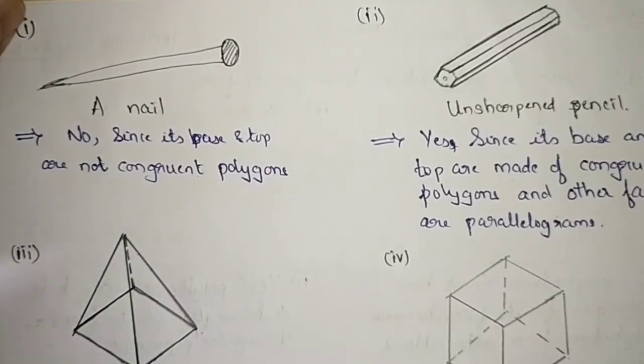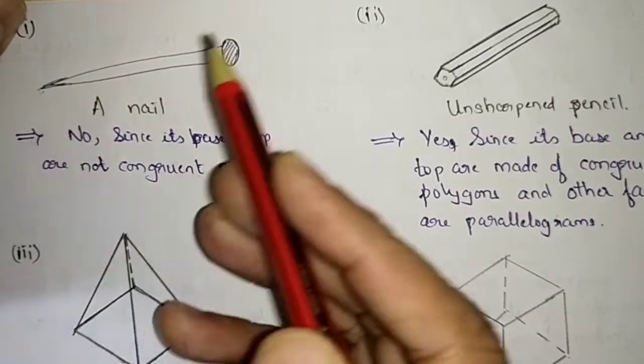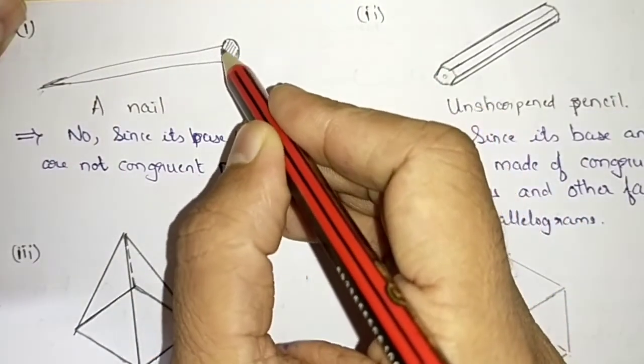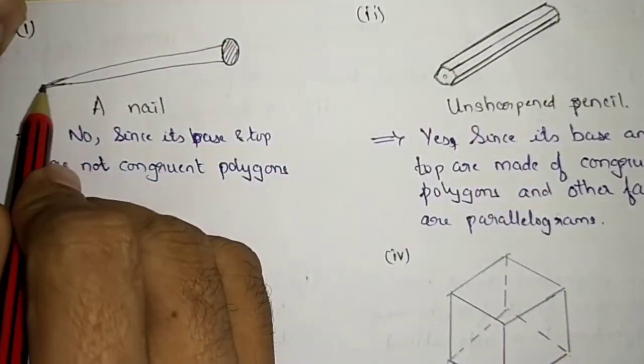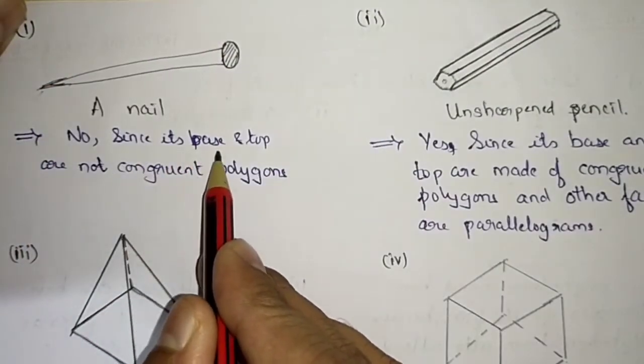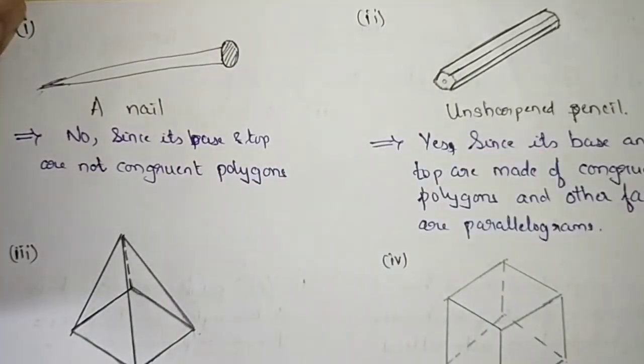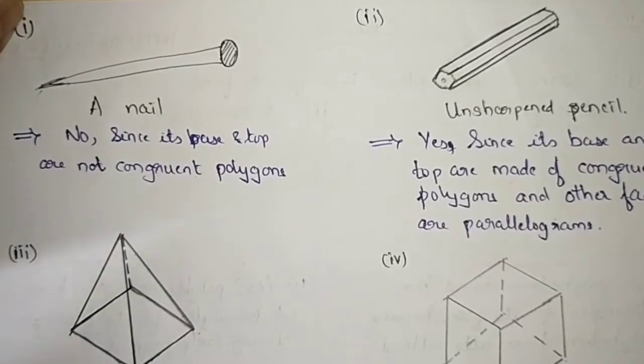What is the condition? The first condition is the bottom and the top must be congruent. Here you can see a circle, and here it is meeting at one point. So no, since its base and top are not congruent, it is not a prism.